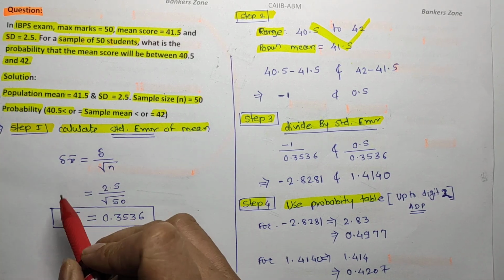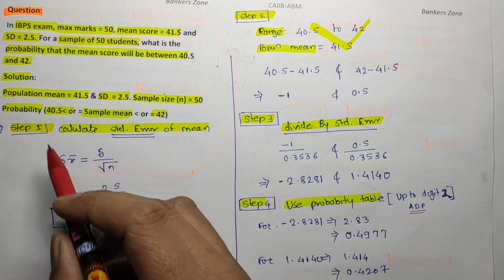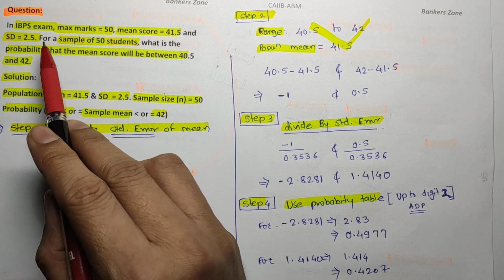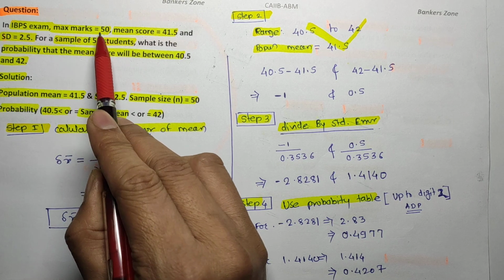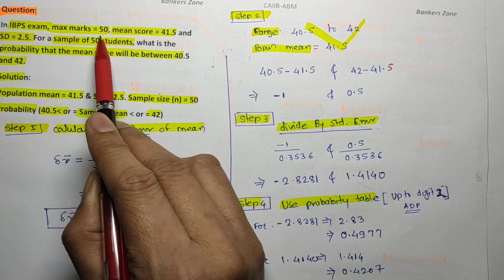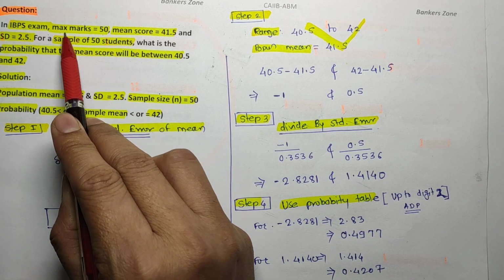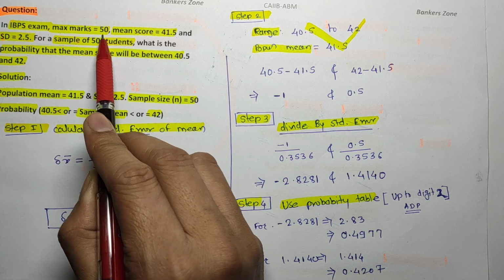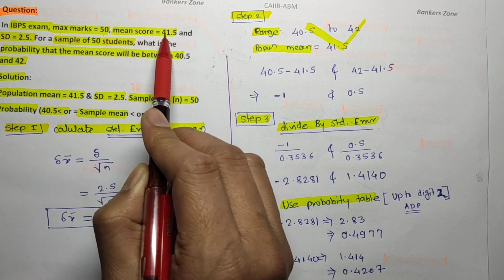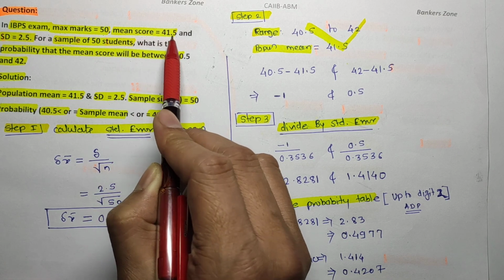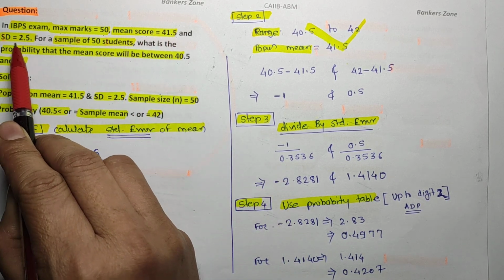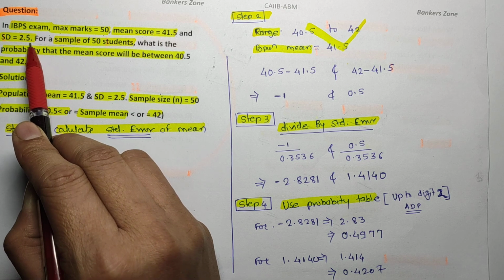So friends, first see in detail what is the question they have given. They have given that there was an exam, IBPS, and in that total marks was 50. That means maximum marks was 50. Mean score is 41.5, that means mean of the population is 41.5, and standard deviation, that is sigma, is 2.5.